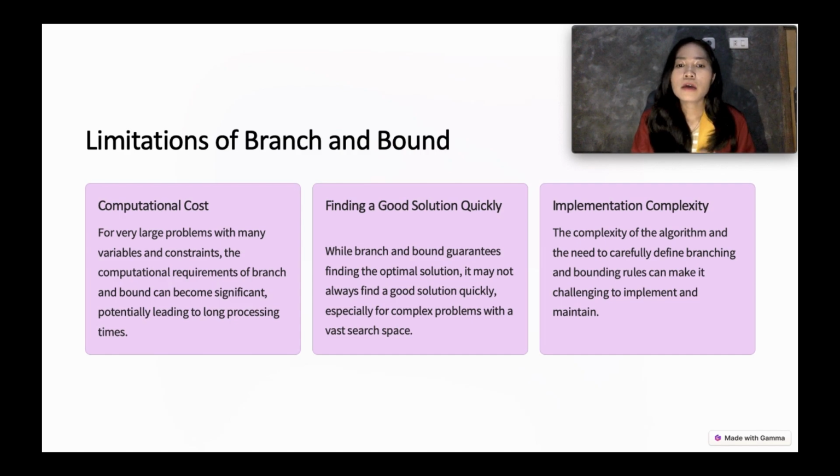While branch and bound guarantees finding the optimal solution, it may not always find a good solution quickly, especially for complex problems with a vast search space. And implementation complexity. The complexity of the algorithm and the need to carefully define branching and bounding rules can make it challenging to implement and maintain.